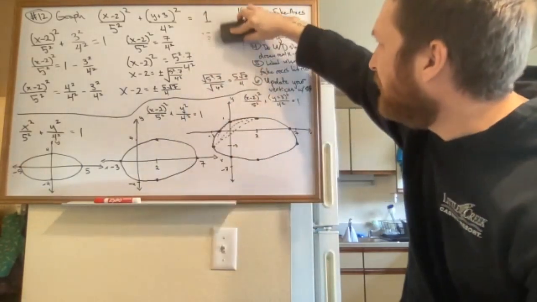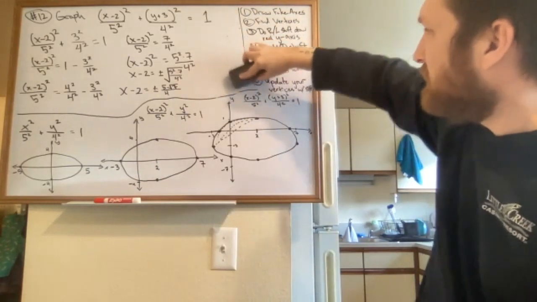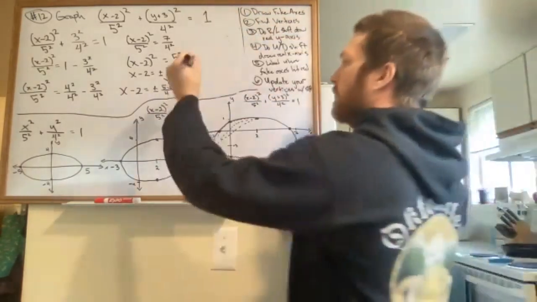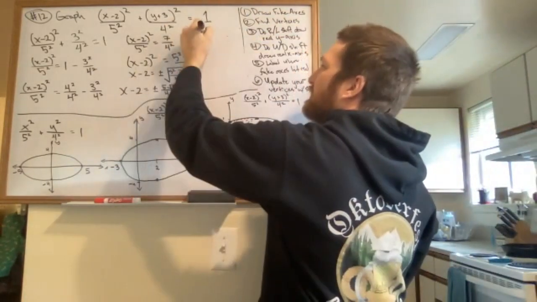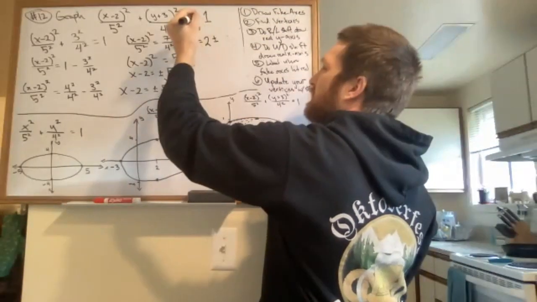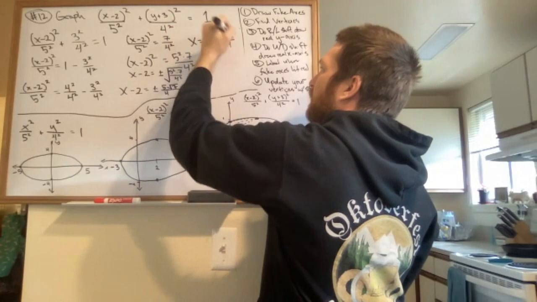Okay, now finally, we get that x is equal to, adding the 2 to both sides, 2 plus or minus 5 root 7 over 4.